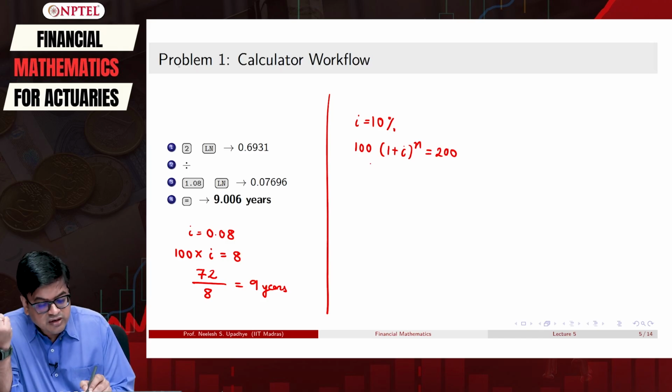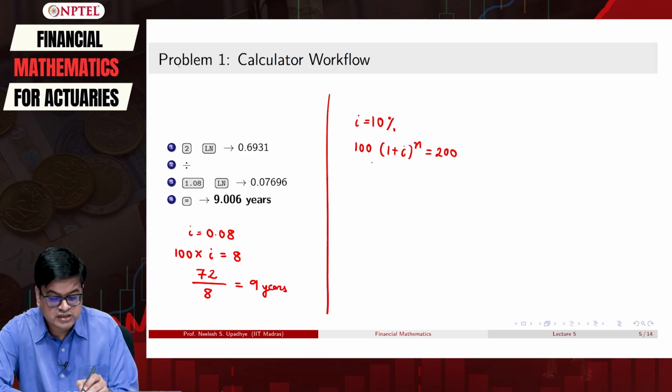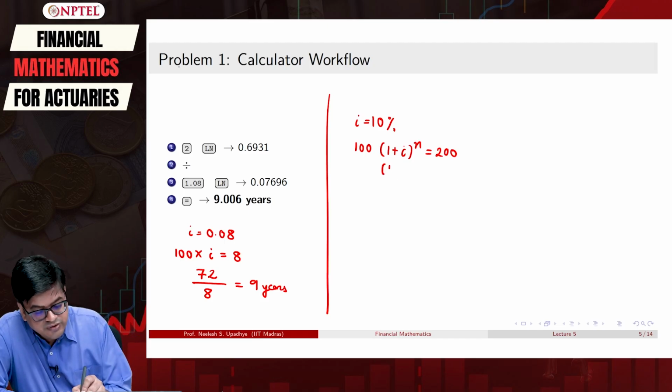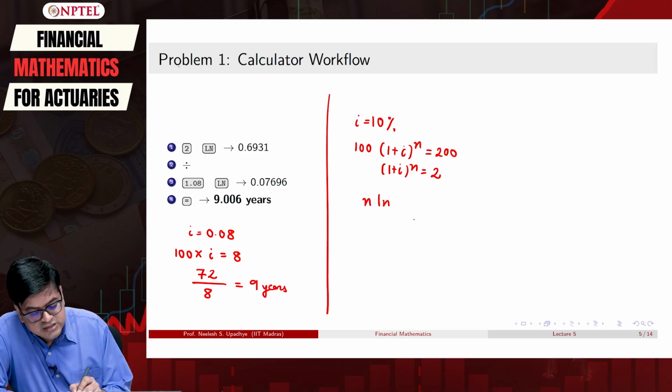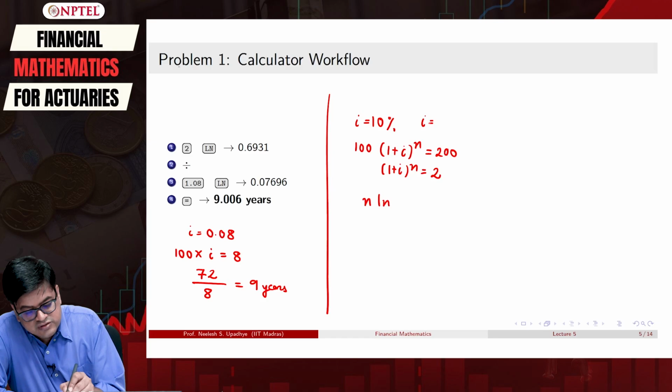So if I go back and do all the steps, let me do it once again for you. It's 1 plus i raised to n is equal to 2. Step 2 was, you just take n times ln of 1 plus i. So this i is equal to 0.10.